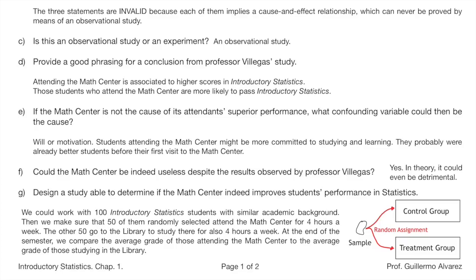You can speak in a more lax way. But if you are the founder of the Math Center and you are publishing a paper about how useful it is, then you should speak in terms of association or likelihood and not in terms of causation, unless you have conducted a well-designed experiment.